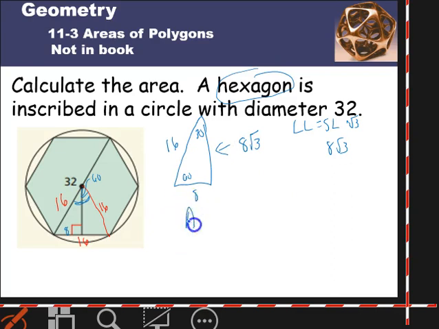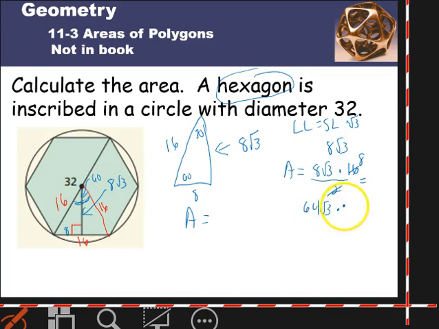Okay, so my area, I can find the area of the triangle if I wanted to. This right here is 8 radical 3. So I could do 8 radical 3, that's the height, times the base, which is 16, divided by 2. And 2 goes into 16 8 times, so I get 64 radical 3.